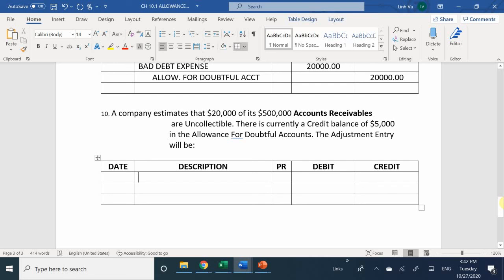I'm still having trouble with which accounts. Accounts receivable and uncollected accounts. Credit balance.